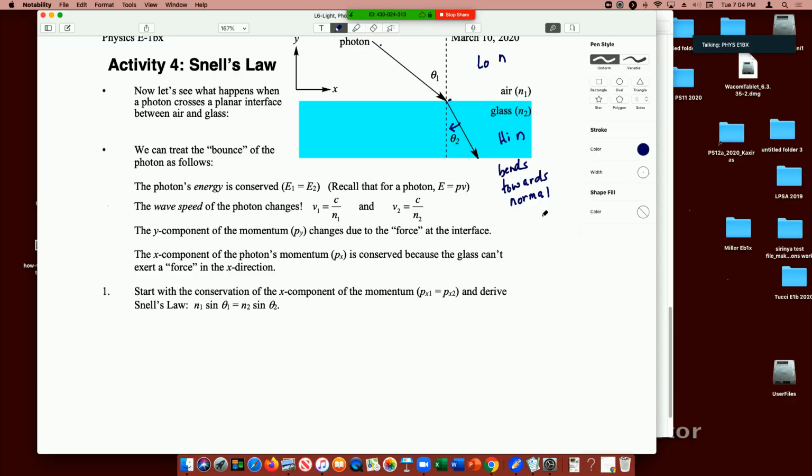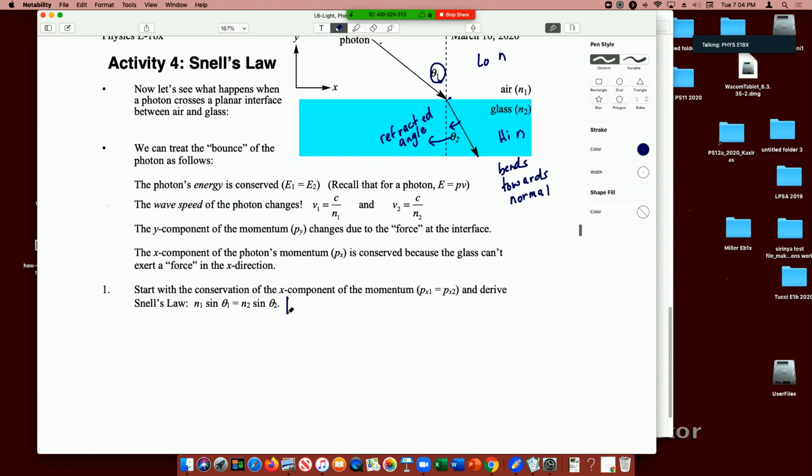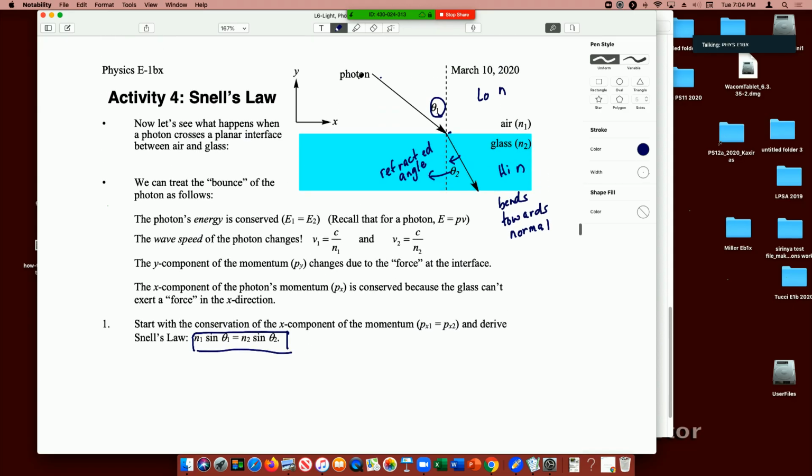Okay, so the relationship between the incident angle, and this is called the refracted angle, because now instead of being reflected, it's being refracted. So this is the refracted angle here. The relationship between those two angles and the respective indices, so the index that the photon is starting out in compared to the index that the photon is ending up in, right?